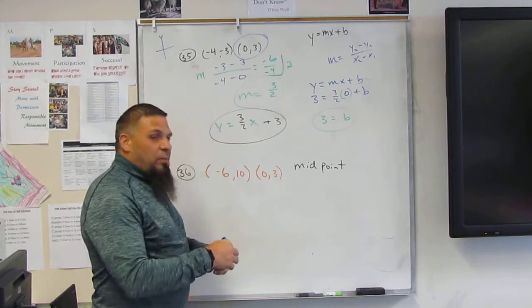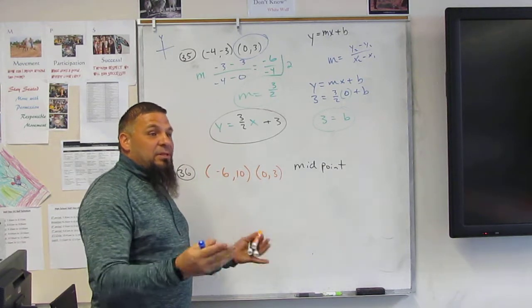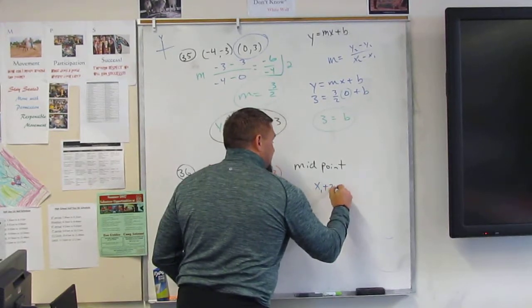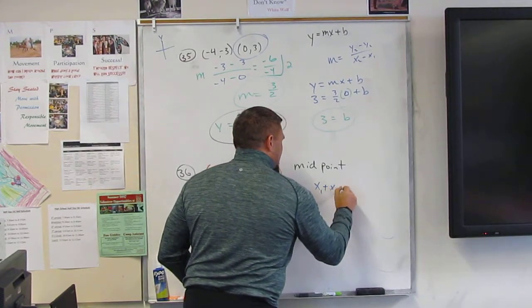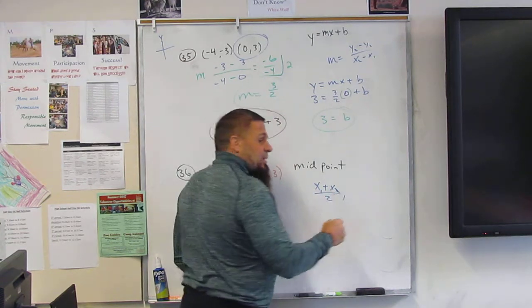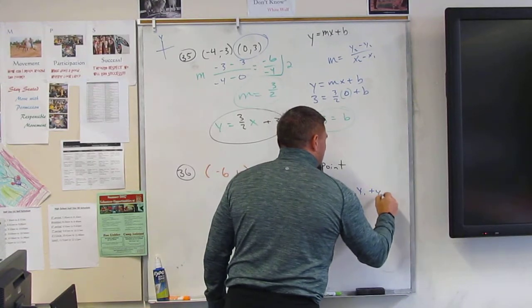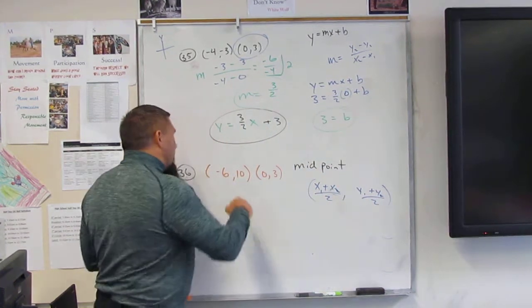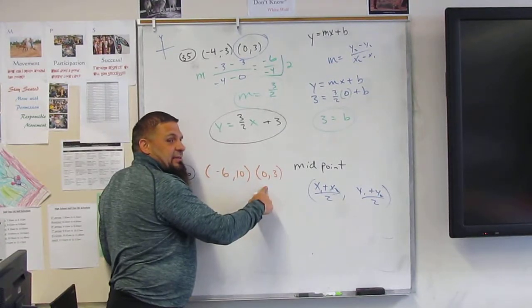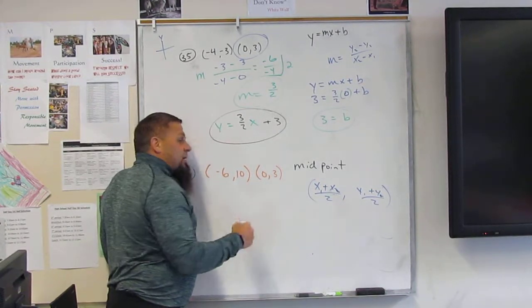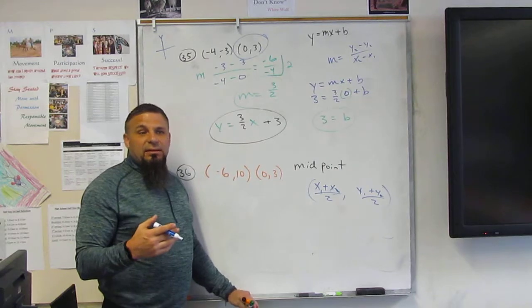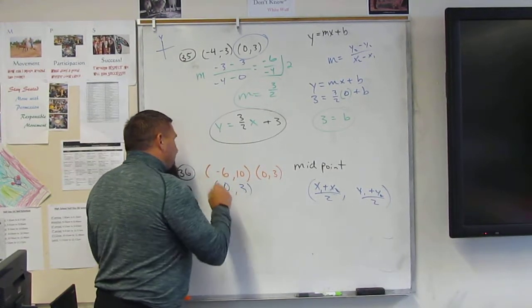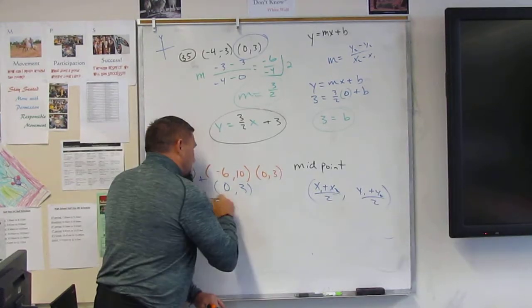Midpoint. Remember, midpoint was the average of the 2 points. So if I take the x's, x1 plus x2, and I divide that by 2, or I take the y1 plus y2, and I divide that by 2, that's my midpoint, right? So all I'm doing is taking these x's and adding them. A nice way somebody did this was to add these 2 up and divide by 2.